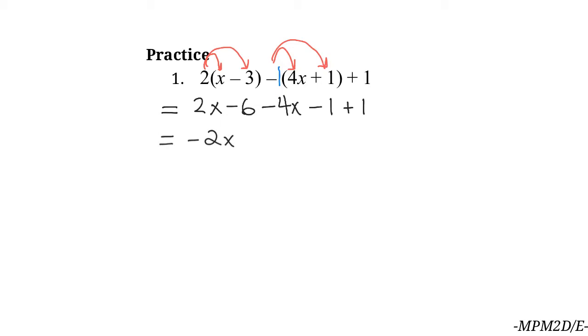And then I have some plain numbers that I can put together. So I have -6, take away 1, plus 1. So -6 take away 1 is -7. -7 plus 1 is -6. So our final simplified expression would be -2x minus 6.